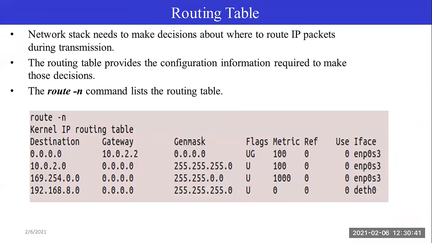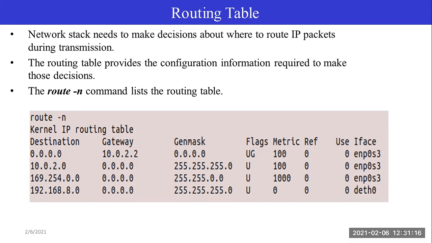If you are sending any packet whose network ID is 10.0.2, maybe you are sending a packet to 10.0.2.5, then the packet will be sent to enp0s3. The IP layer of the network stack consults this routing table whenever it needs to send a packet, and the IP layer itself manages this routing table.